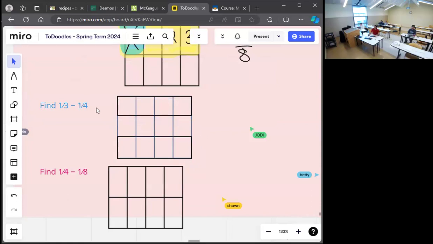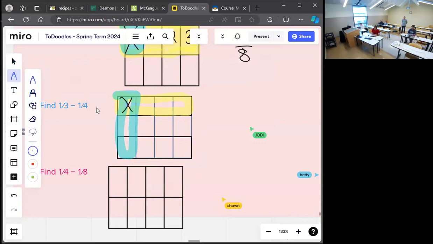Okay, there we go. So now I'm going to shade 1/3. So here's my 1/3. And I want to take away from it 1/4. So how big is 1/4? This piece was 1/4. So I need to take away 3 of the little boxes.